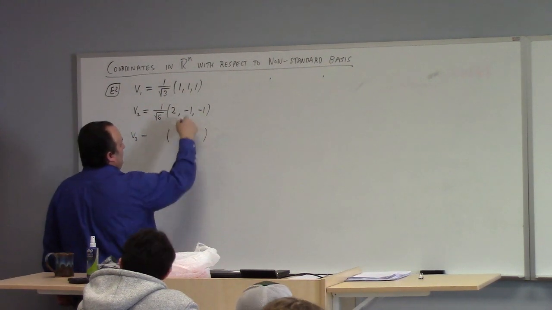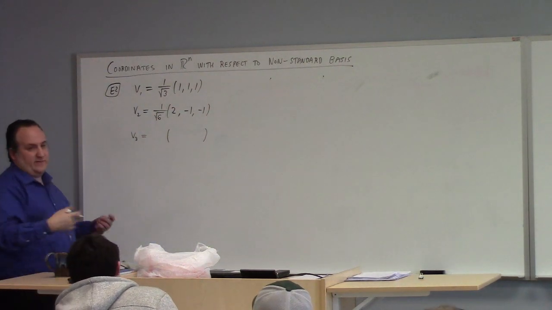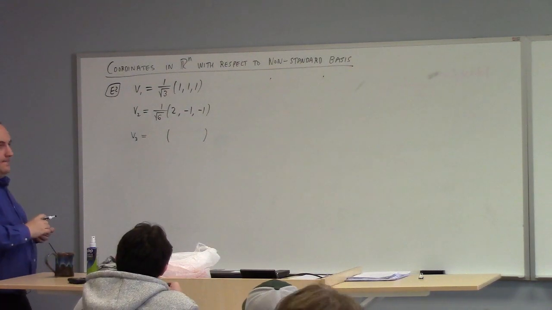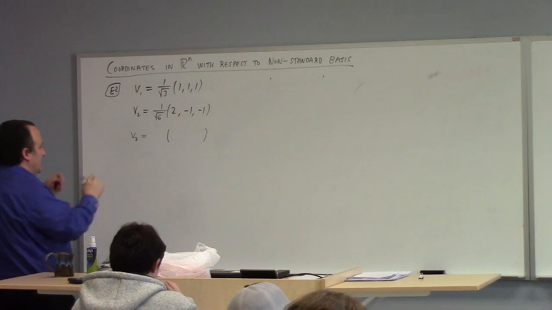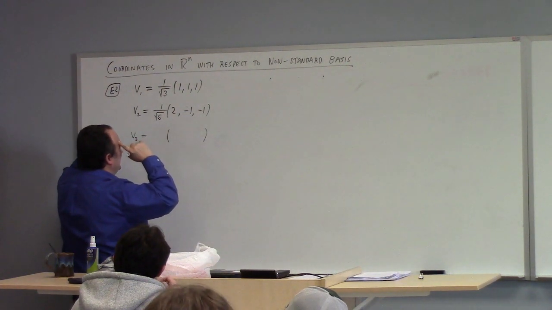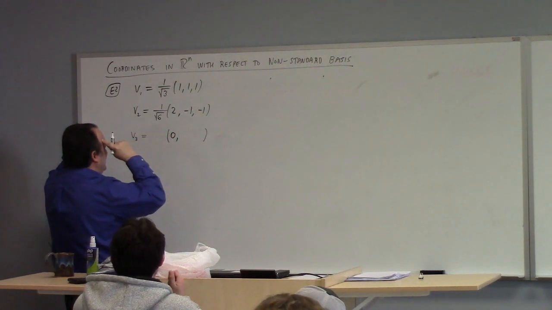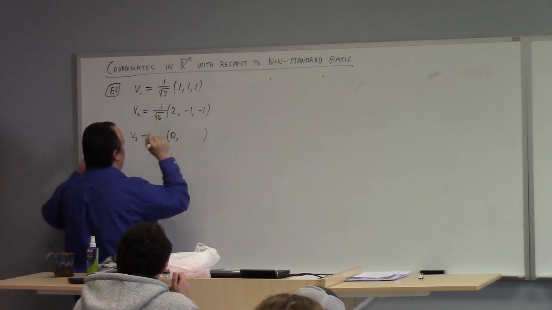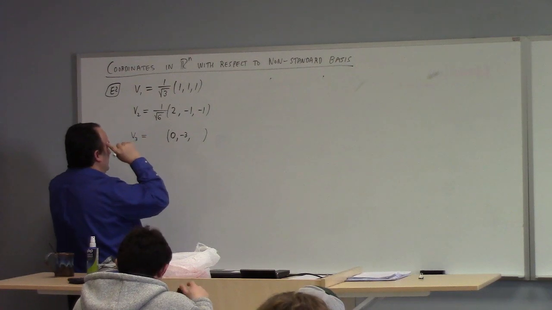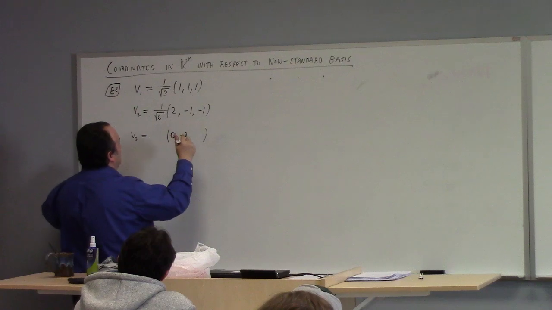Tell me a vector which dot products with both this and this to give 0. Let me think through it. Minus 3 maybe. No, that doesn't work.